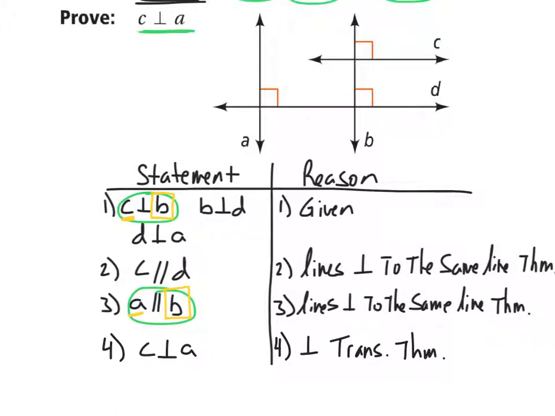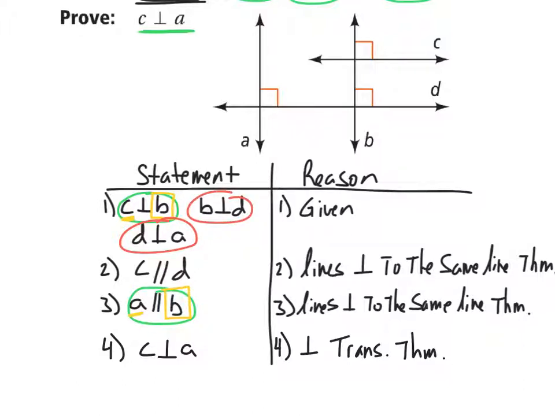So as we've gone through and done our proof now, we're done. My question is, do we need step 2? Was that important information needed in our proof? No. To say that A was parallel to B, we only needed this, right?